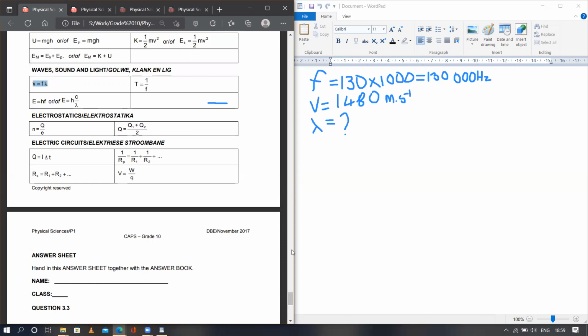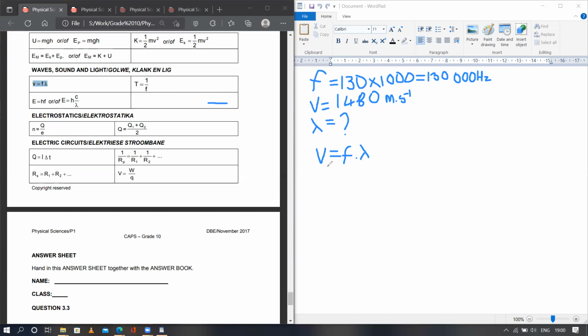It's straightforward. Your velocity is equal to your frequency multiplied by your wavelength. Just for stating this equation, it's a mark. And for converting the frequency, it's another mark, so you have to show your conversion.